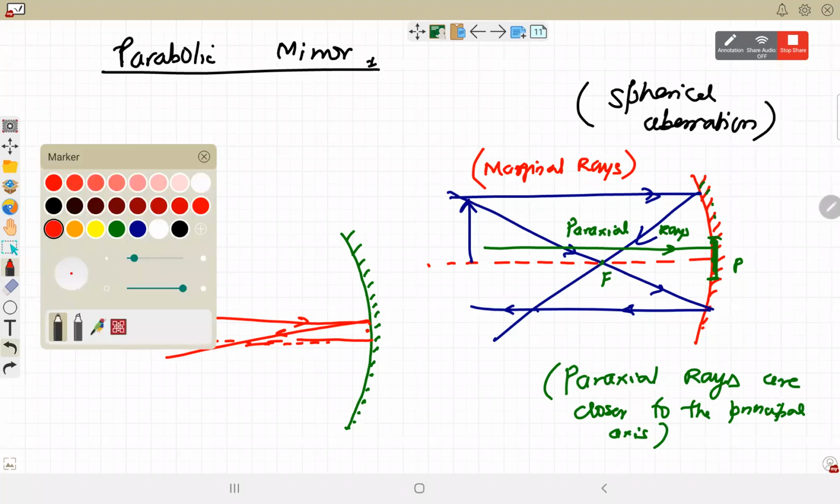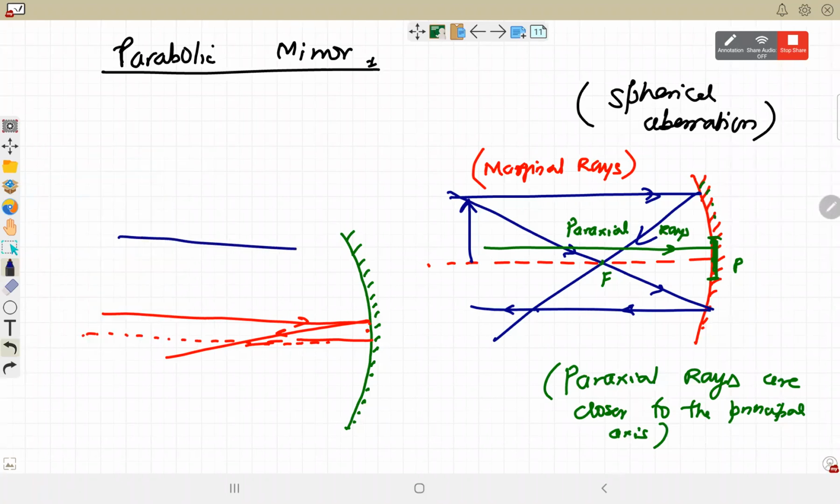But the light rays which are coming from the larger distance, like marginal rays, the angle will be bigger, so it will be deflected slightly more. So this is for the paraxial light ray convergence point, and this FM is for the marginal rays.